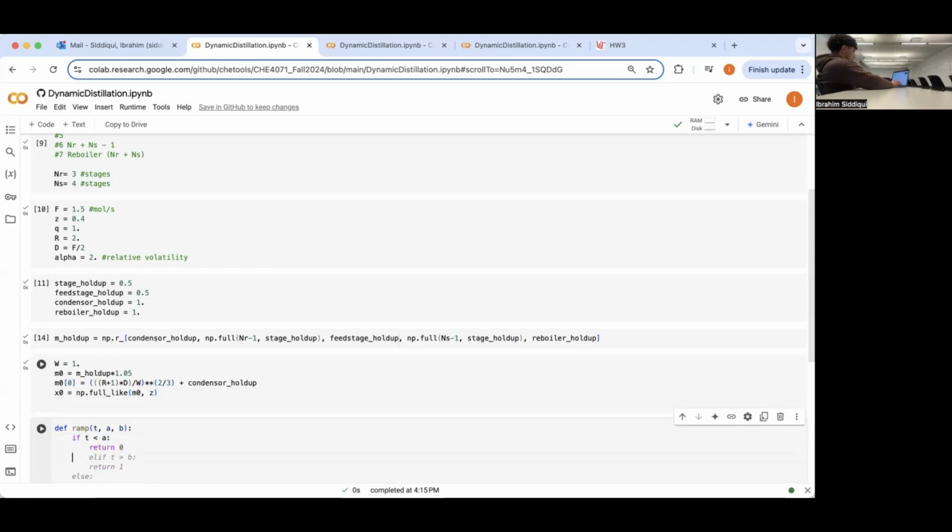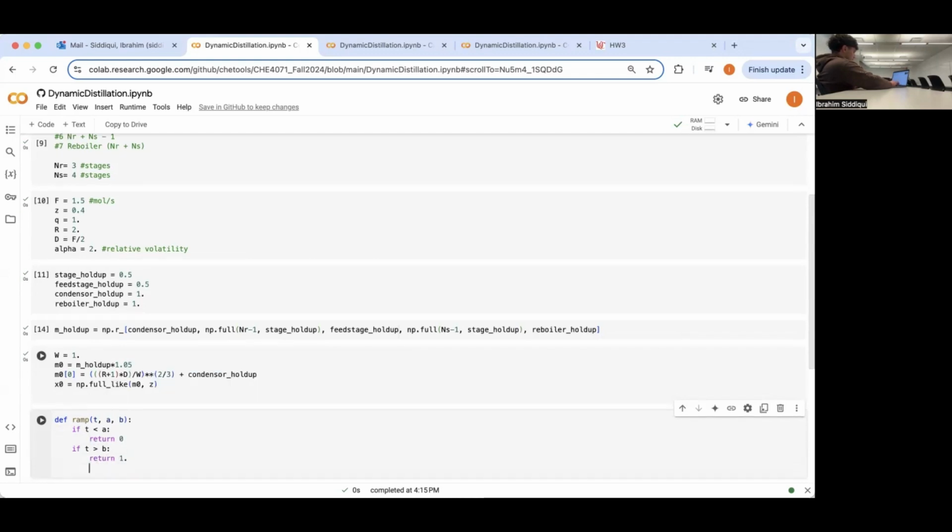If T is greater than B, we are going to return 1. And then otherwise we're also going to return T minus A divided by B minus A.